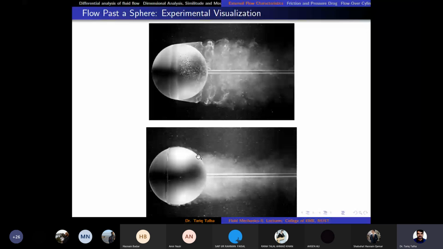And that is also the reason there is a phenomenon of reverse swing in a cricket ball, because one side of the ball is kept shiny and the other one is made rough. On the rough side, the flow becomes turbulent and the boundary layer stays attached, and on the shiny side, the flow remains laminar and the boundary layer separates somewhere here. So there would be a pressure difference as well. That's why the ball moves in air.